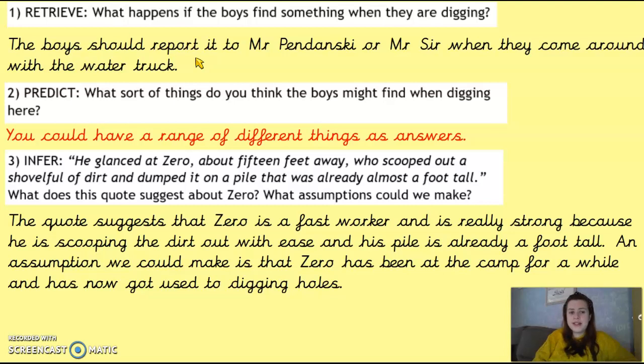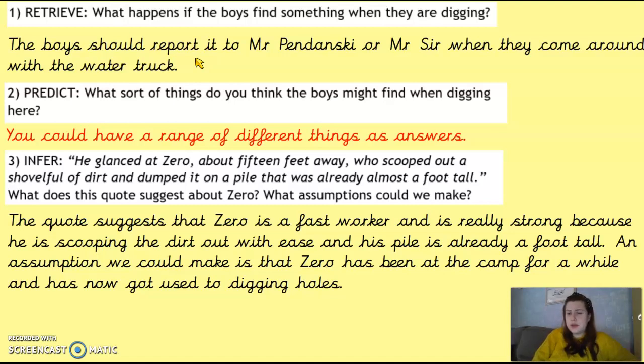For the second one, it says, what sort of things do you think the boys might find when digging here? And because it's a prediction, you could have lots of different answers. Now, he's not going to find an alien or a rocket underneath the sand, but think about things related to what we've heard so far.